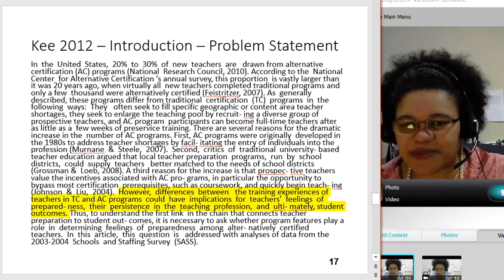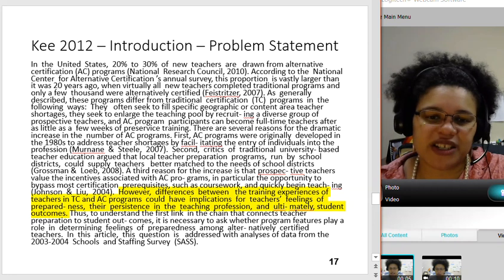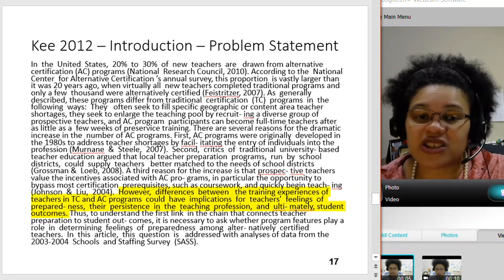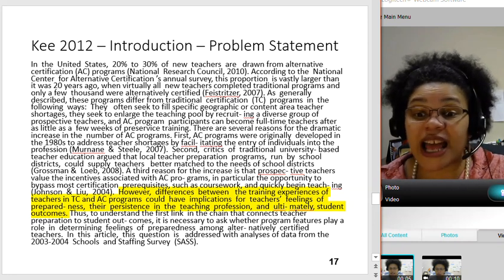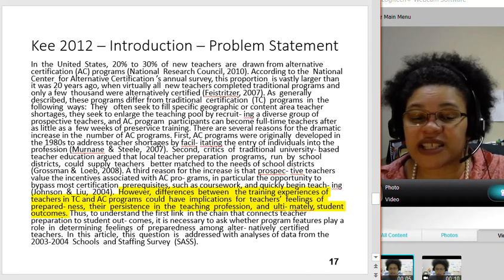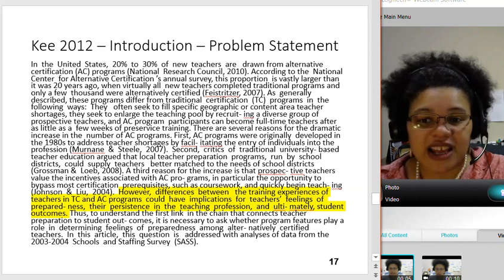However, differences between the training experiences of teachers in traditional and alternative programs could have implications for teachers' feelings of preparedness, their persistence in the teaching profession, and ultimately student outcomes. So I'm saying, maybe this is more the problem.